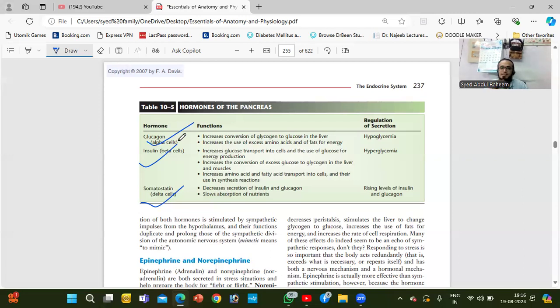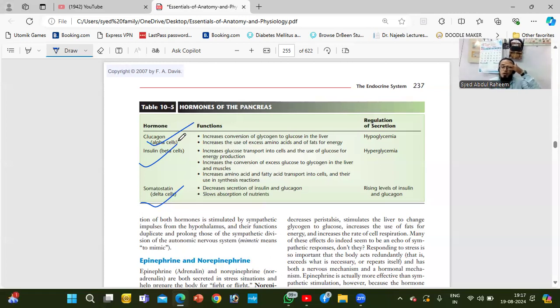The excess amount of glucose, what will happen? The liver will convert glucose into glycogen. Whenever our body has low sugar or carbohydrate levels, the liver will release that stored glycogen and convert it into glucose by glucagon.